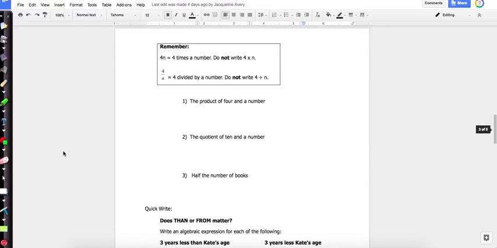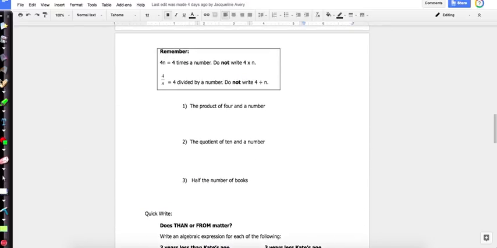And let's look at a few examples. Now notice, when we are doing our translating, we will no longer write 4 times n. We will write 4n. So 4n equals 4 times a number. Do not write it as 4 x n.